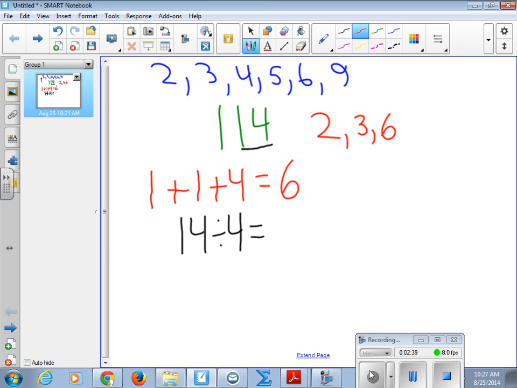So we test our digits again. We add them up. 1 plus 1 plus 4 equals 6. 6 cannot divide by 9 evenly. Therefore, this whole number cannot divide by 9. So the answer for the first problem would be 2, 3, and 6. You need to run through your tests for each individual number in the sets.